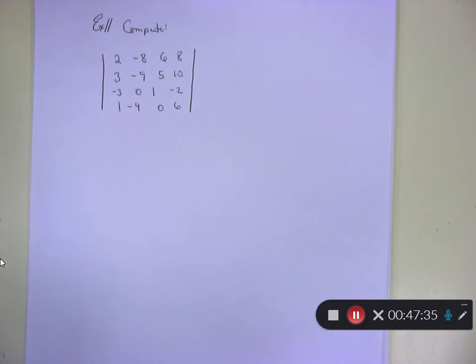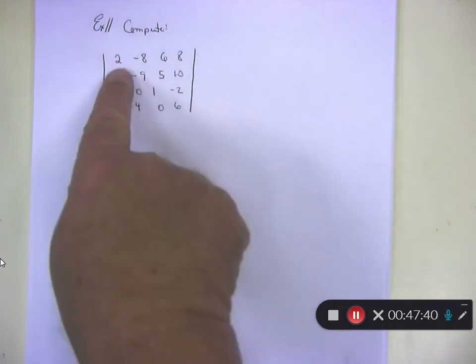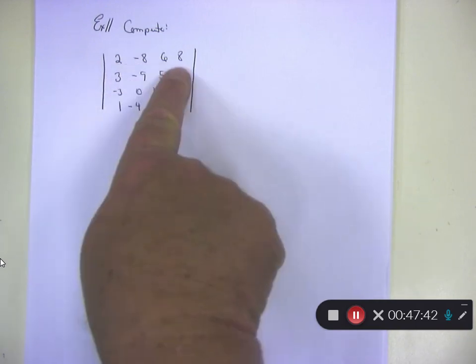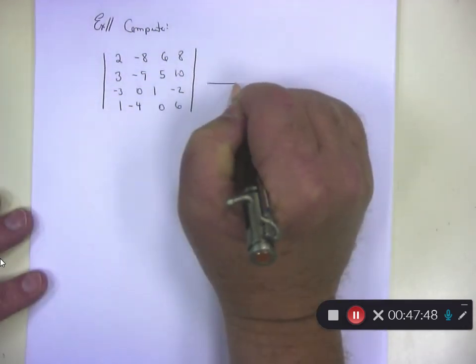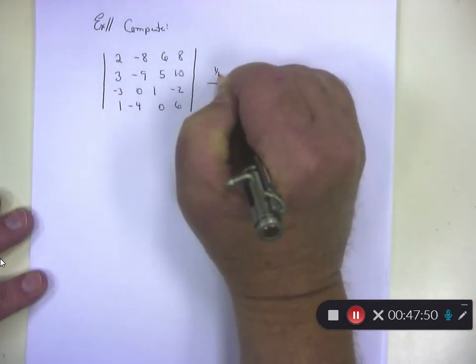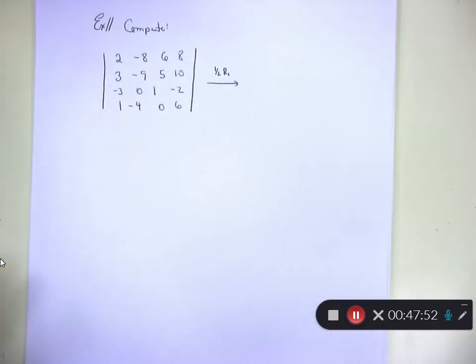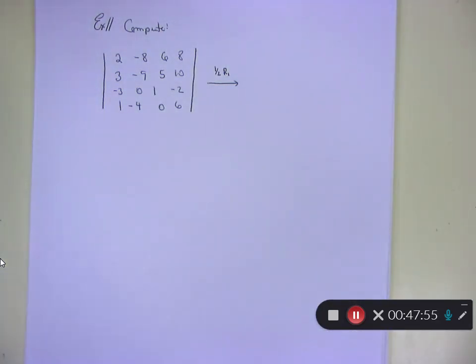However, I'm going to make it even a little more challenging for you. I happen to notice that top row, because I really want that pivot right there. They're all even integers, right? So what I'm going to do here is this. I am going to multiply 1/2 times row 1. That's just as efficient to get that pivot right in that first spot. Does that make sense?